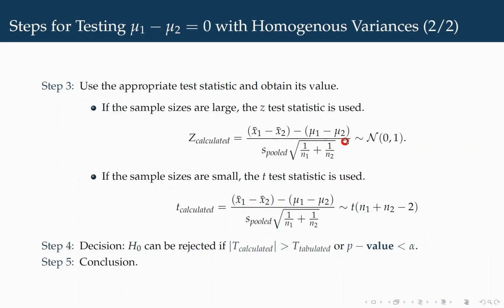Divided by, in the case of a common variance assumption, S pooled, the pooled standard deviation, times root of 1 over n1 plus 1 over n2. Now the denominator part is nothing but the standard error of the sampling distribution of x bar 1 minus x bar 2.